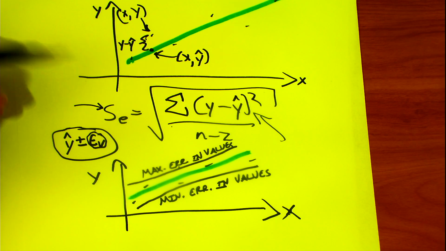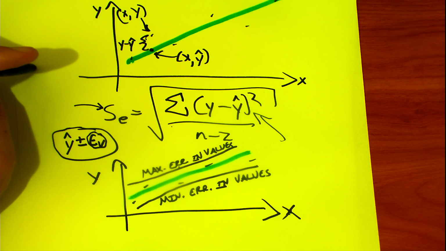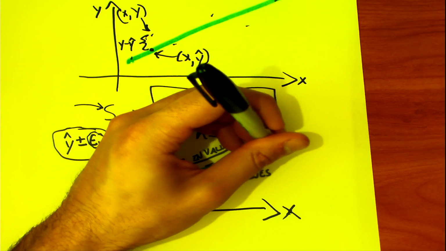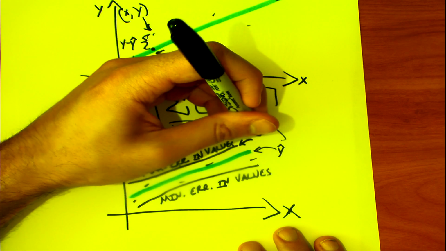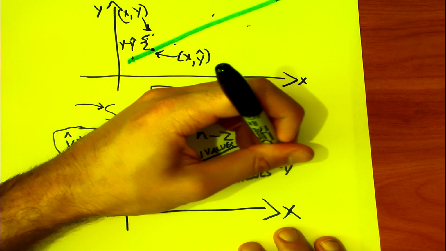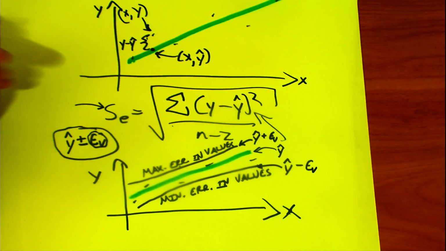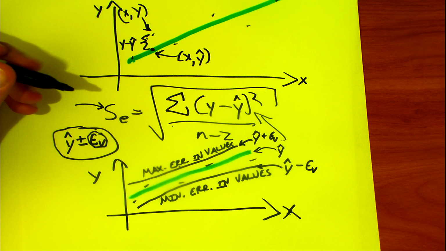To get the upper and lower confidence bands, you would want y hat plus or minus EV. This line gives you y hat, this line is y hat plus EV, and this line is y hat minus EV. Your trend line is your original prediction, the trend line that you computed.